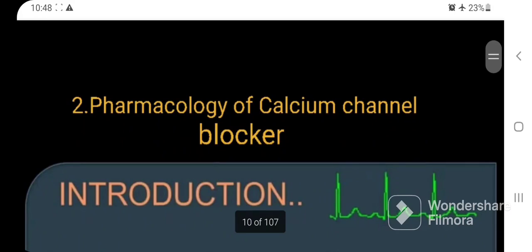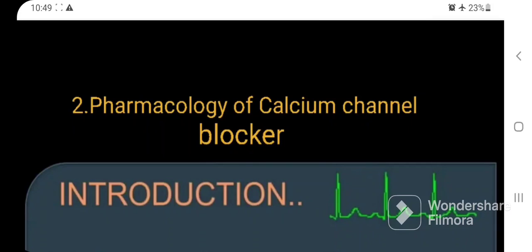If they ask about pharmacology, remember one thing. First, write the name of the disease. Now, for calcium channel blockers, write why we are giving them first. Afterwards, go through the types. If there are types or classifications, you can classify them. After the classifications, go to the mechanism of action. This is very important: pharmacology starts with the mechanism of action.